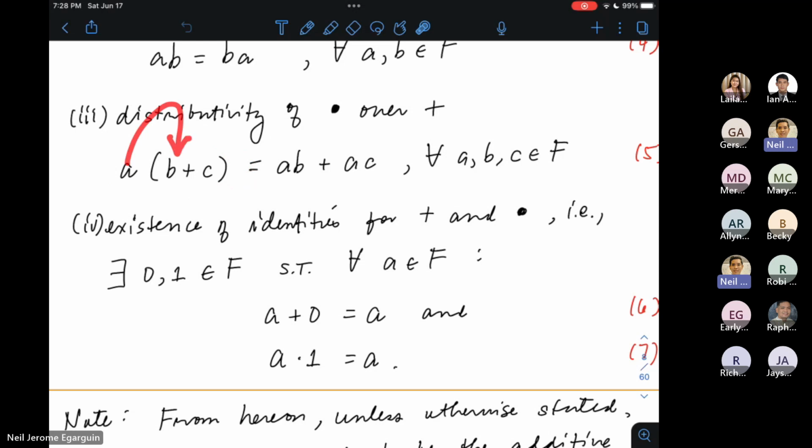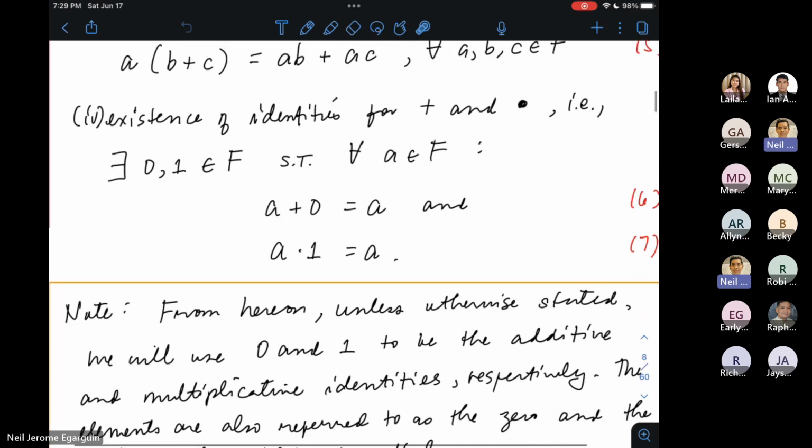So dapat yung A times (B plus C) ay equal sa A times B plus, i-distribute ko si A dun sa pangalawang addend, so that will be AC, right? So this is distributivity. Distributive dapat yung multiplication doon sa addition. All right? And this is the usual thing that we know from elementary, right? Pero ngayon nga, yung A, B, at saka C, hindi na sila necessarily mga numbers ngayon.